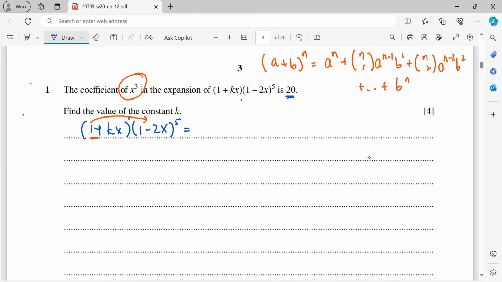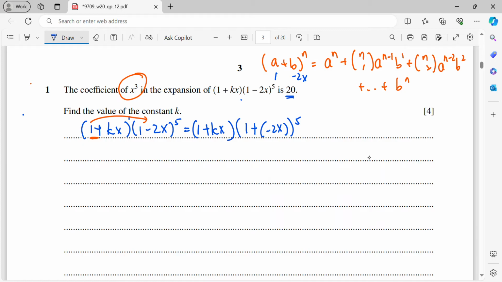So here I will get 1 plus kx. Then for the expansion, when you compare, your a is 1 and the b is minus 2x. Probably I will just rewrite first: this is 1 plus negative 2x, degree 5, so that you can see clearly the b is basically negative 2x.